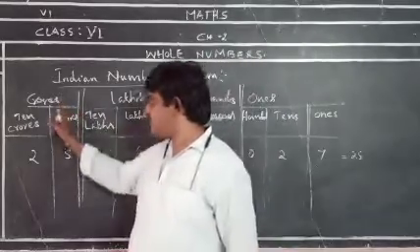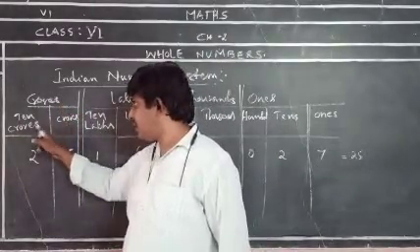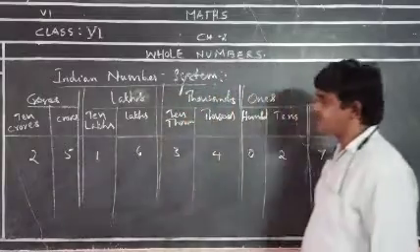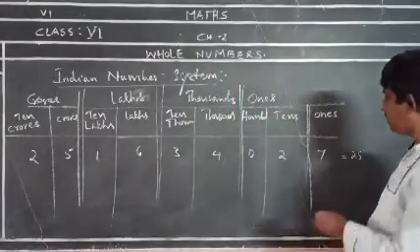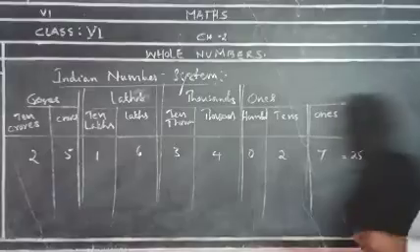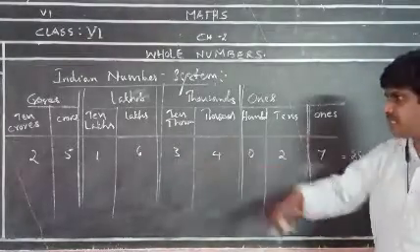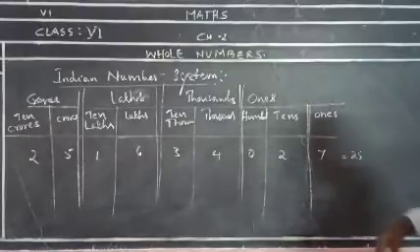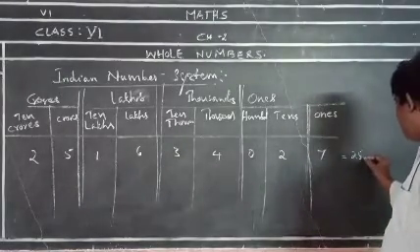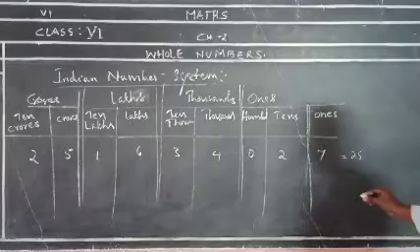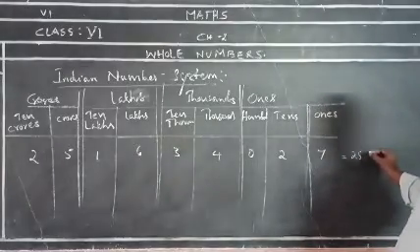And the crores house consists of crores and 10 crores. So by keeping commas we can identify the respective houses. So 25 is in which case? That is in the crores. Therefore 25 crores.